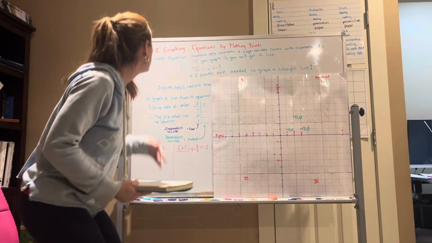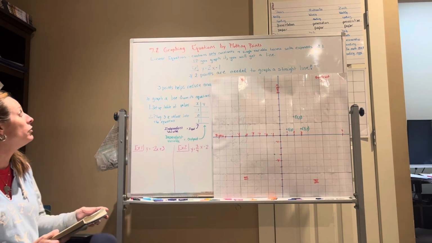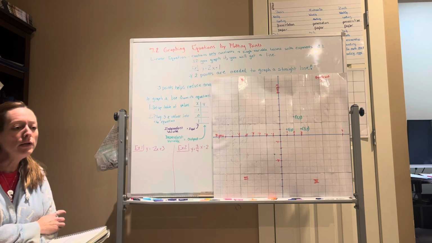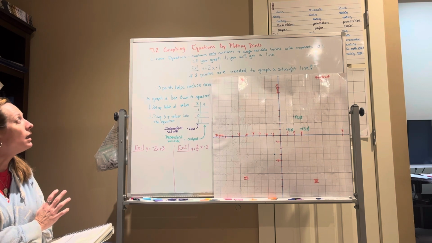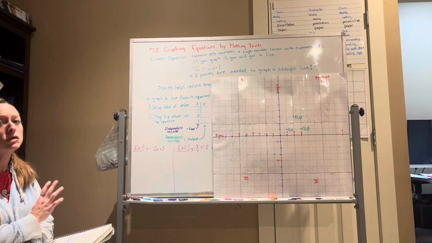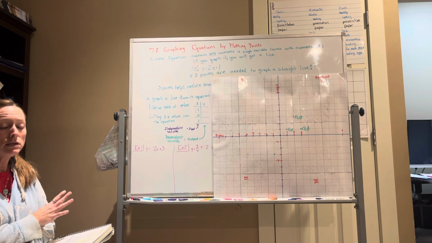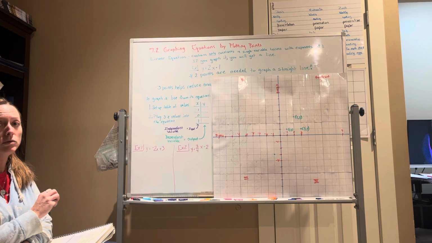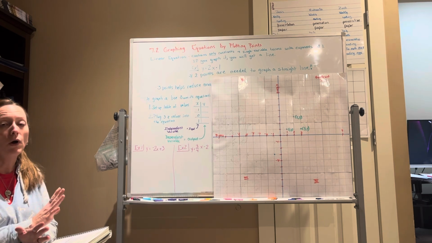Today we are talking about section 7.2, graphing equations by plotting points. A linear equation is an equation that contains only constants and single variables that have an exponent of 1.